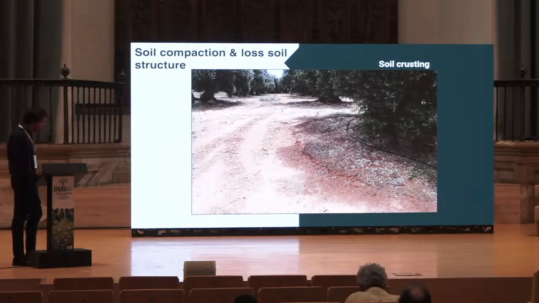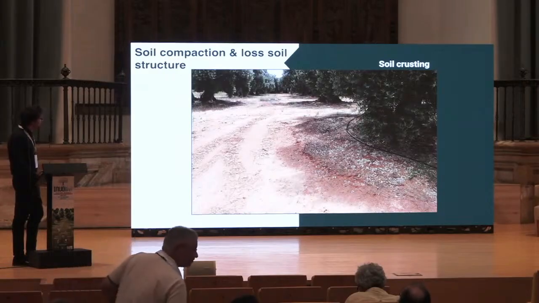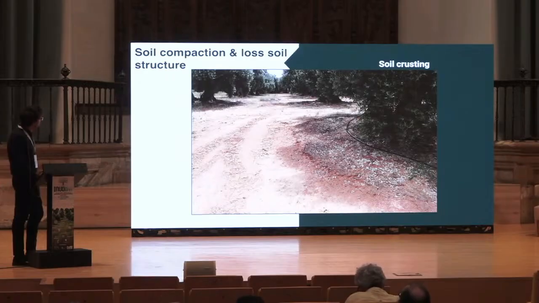Okay, regarding the physical soil degradation processes, the physical threats. The first one was soil compaction. Soil compaction is very associated with the loss of soil structure and porosity. And we actually have serious processes of soil compaction, both at the surface of the soil and in the subsurface.